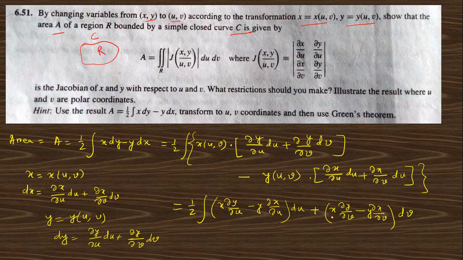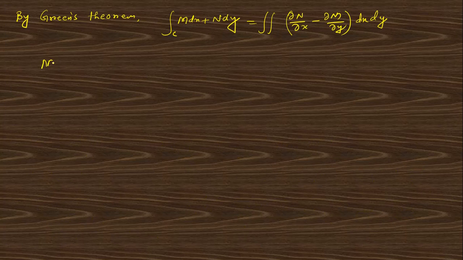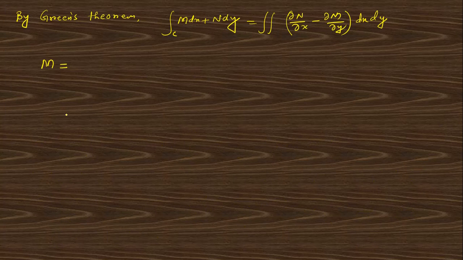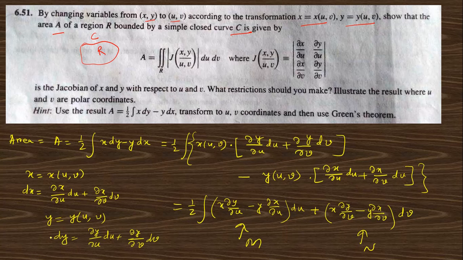Here this is a function of uv, so this is written as m and this is written as n. So m is written as x del y del u minus y del x del u. Clear?